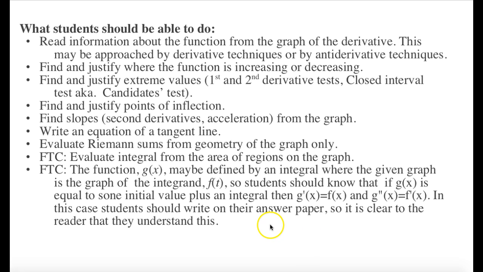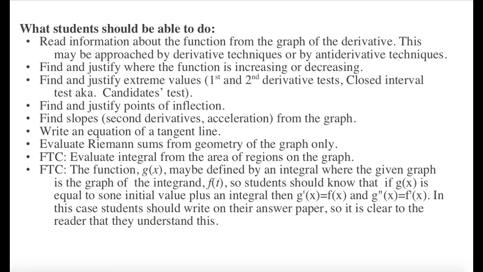Okay, so we need to understand from those that the derivative of g, if we're given an integral problem, is equal to the graph. And we'll look at a full problem like that. Here's our first example. Now, one big thing is we need to make sure that we write that in our answer somewhere. Okay, and I'll show you what I mean here on the first problem.